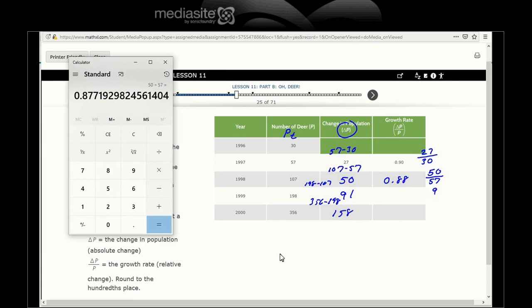Next one, I went up 91 additional deer from a population of 107 to start with. 0.85. And I went up 158 deer from the previous 198. 0.80.